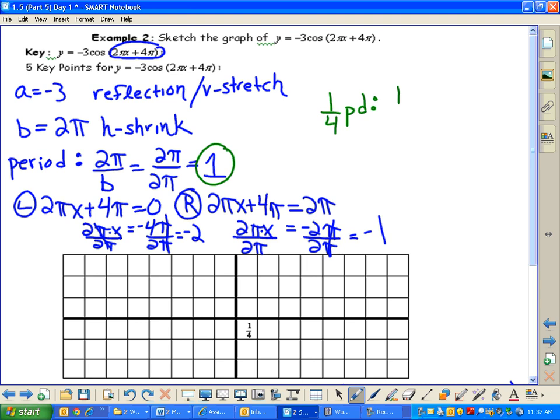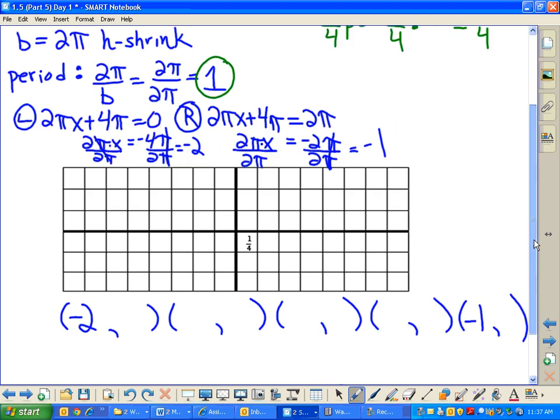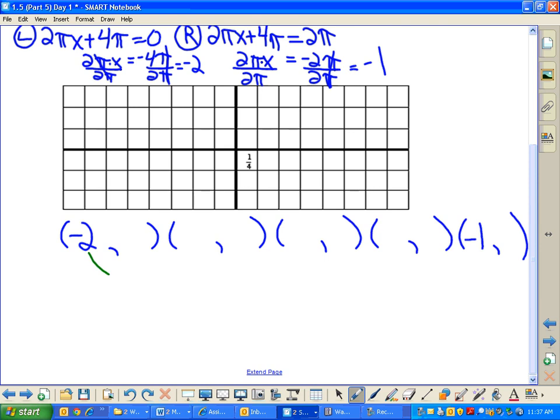So I have to take basically 1/4 of my period, or 1/4 of 1. 1/4 times 1 is 1/4, which means that to get from point to point to point to point, I need to add on 1/4.